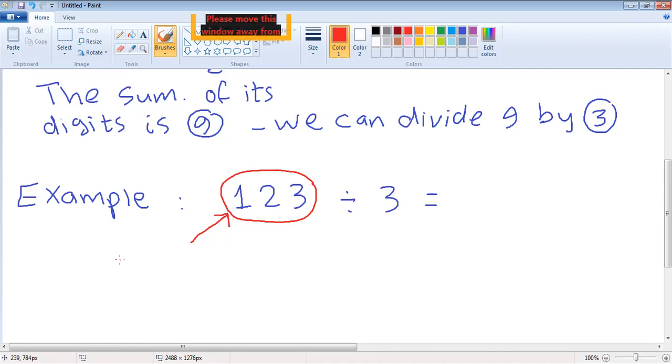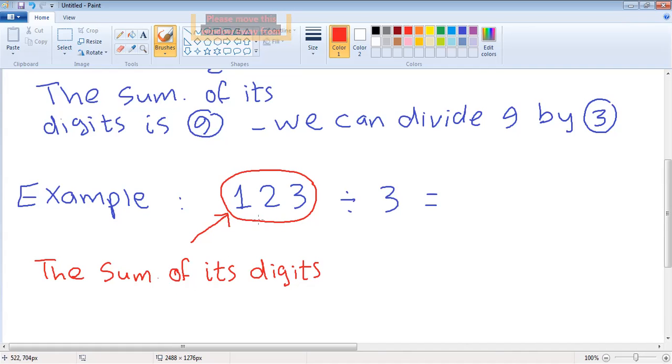What are the digits of 123? The sum of digits. Can you add 1 plus 2 plus 3? 1 plus 2 is 3. 3 plus 3 is 6.